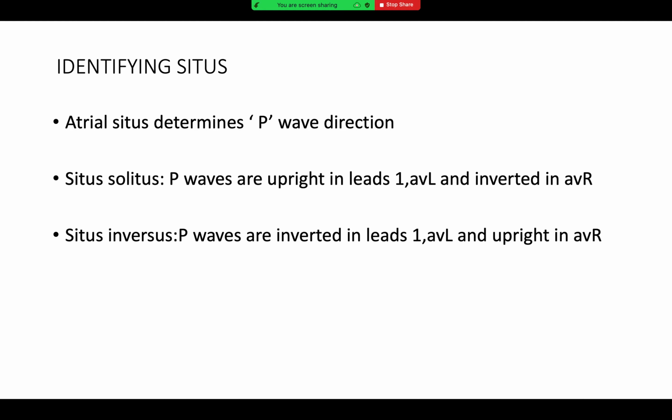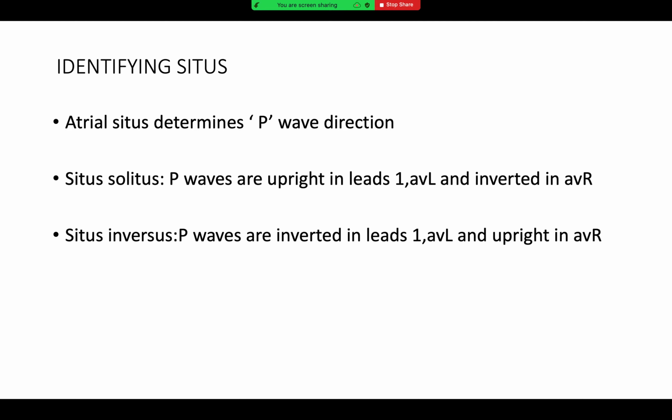So how do you identify the situs? There are different ways. We are all aware of what is called situs solitus. Situs solitus means everything is normal. Situs inversus means it is inverted. Okay?